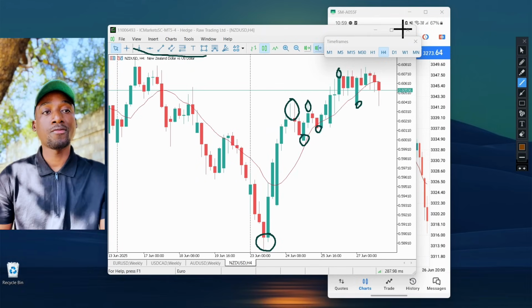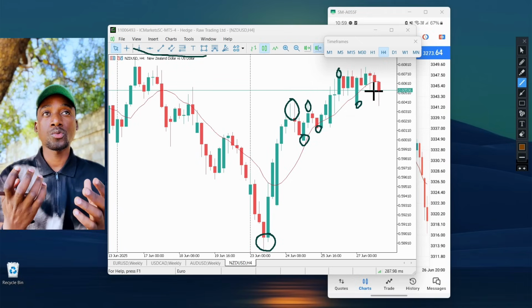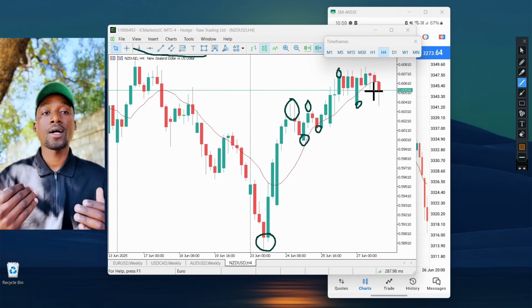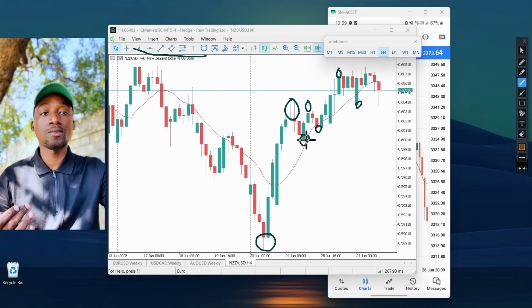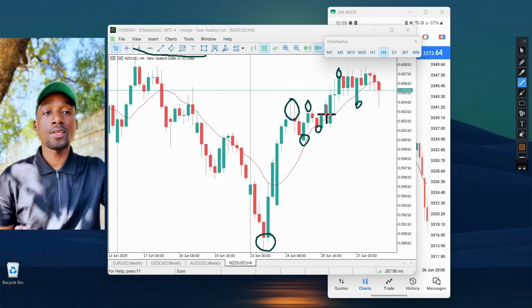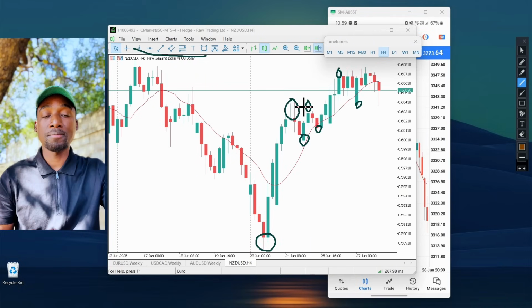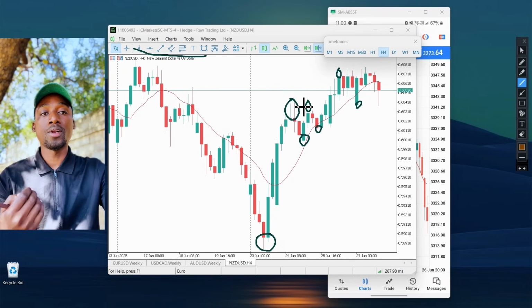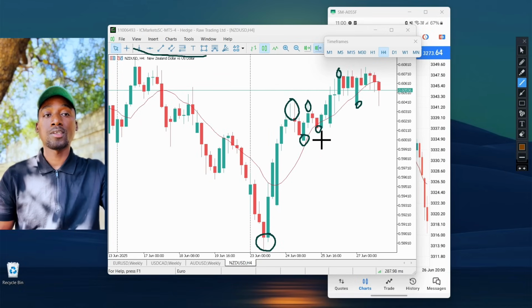If we're using 1 hour or 4 hours like this, we are swing trading, meaning that we have to find entries from the lowest price or highest price. Then when we get an exit, we get it at the highest price or lowest price. If we went with a buy, we'll get out at a higher price. If we got in with a sell, we'll get out at a lower price.